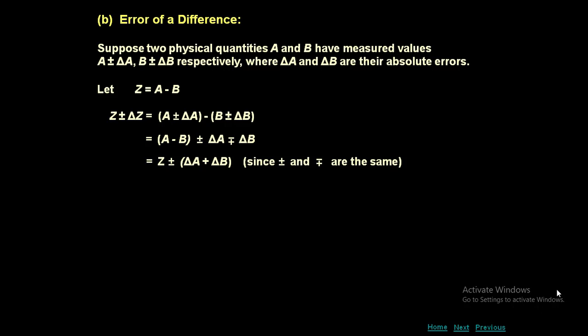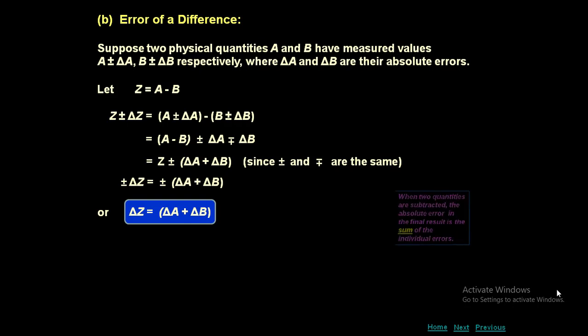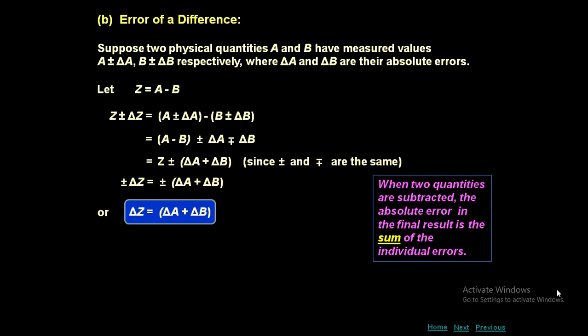Now again, A minus B is nothing but Z, plus or minus delta A plus delta B, because plus or minus and minus or plus are both the same. Again Z gets cancelled. You have the expression plus or minus delta Z equal to plus or minus delta A plus delta B. Or simply we can say delta Z is equal to delta A plus delta B. So when two quantities are subtracted, the absolute error in the final result is the sum of the individual errors, just like addition.